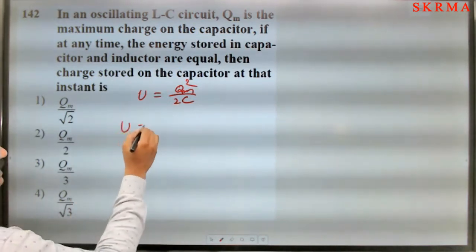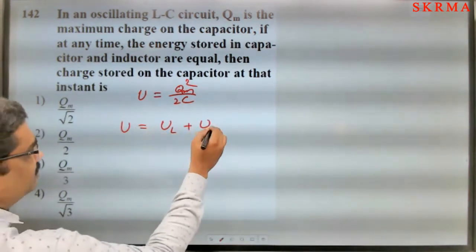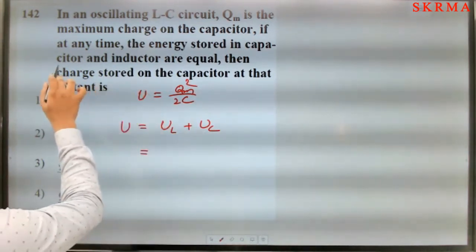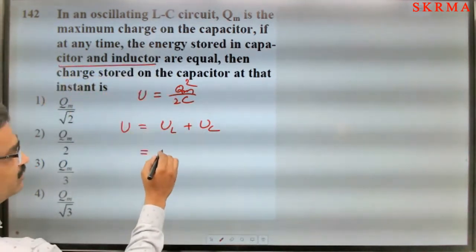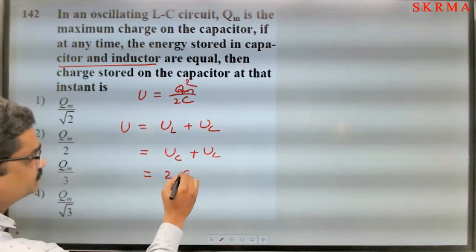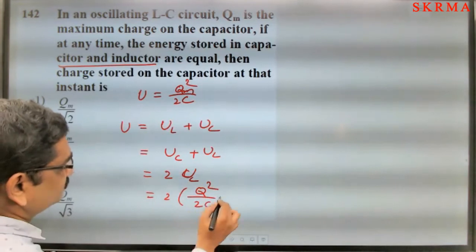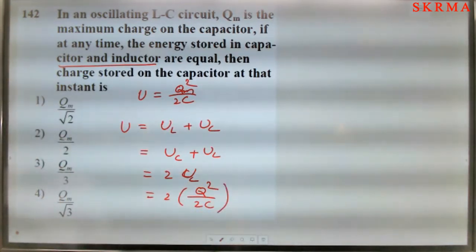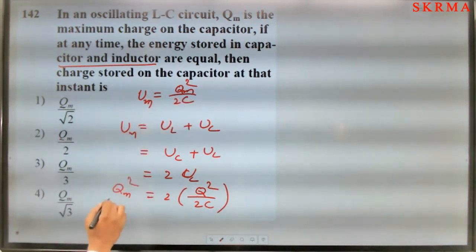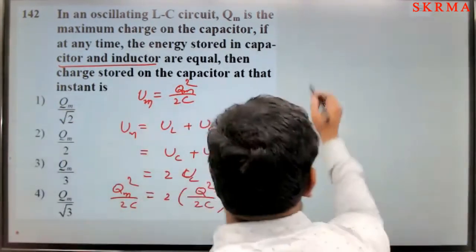Now the energy stored at any time is the energy stored in the inductor plus the energy stored in the capacitor. Capacitor and inductor have the same energy stored, so UC plus UC, that means 2 UC. 2 into Q square by 2C equals Qm square by 2C. Now cancel similar terms on both sides.